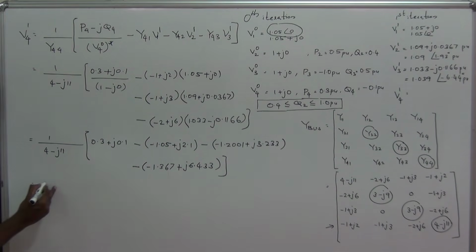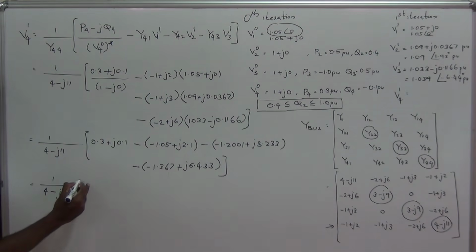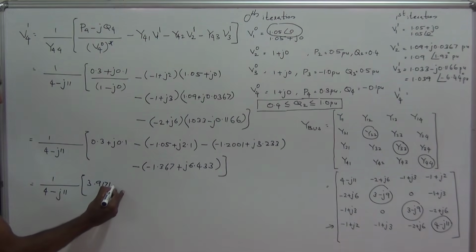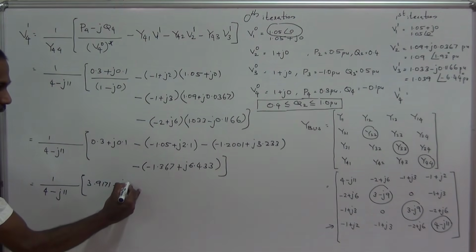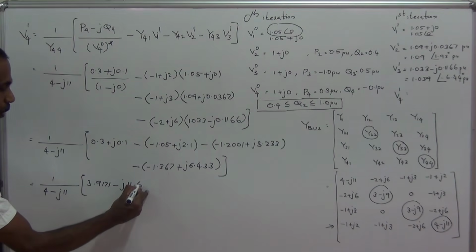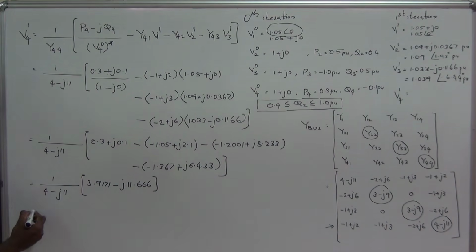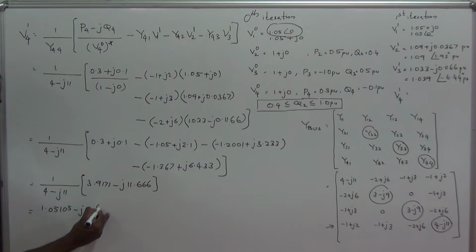And this is equal to 1 by 4 minus j11 into 3.9171 minus j11.666. And this is equal to 1.05105 minus j0.026.